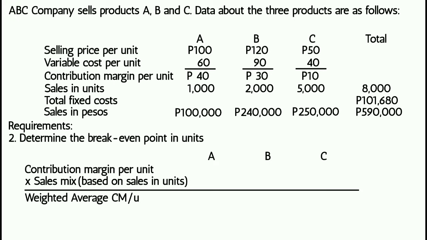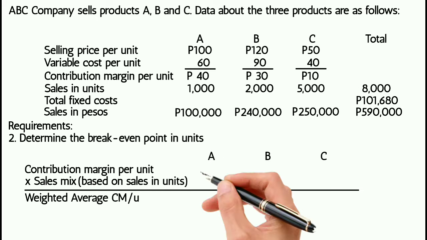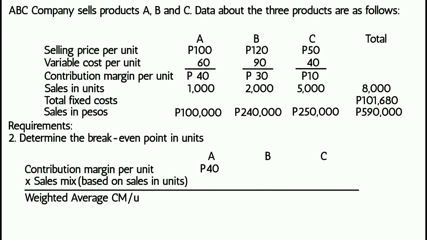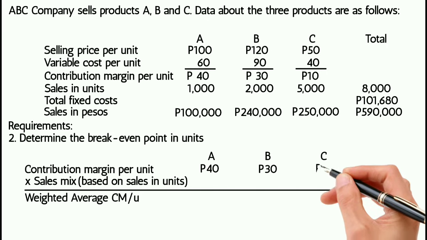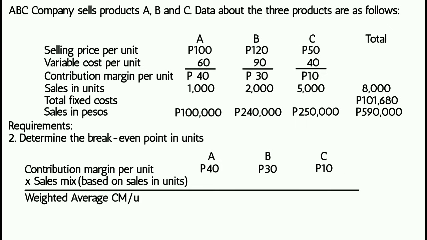So kapag ang hinahanap ay weighted average contribution margin per unit, mag-base kayo sa sales in units. Yung contribution margin per unit, given na yan sa problem. 40 pesos for product A, 30 pesos for product B, and 10 pesos for product C.